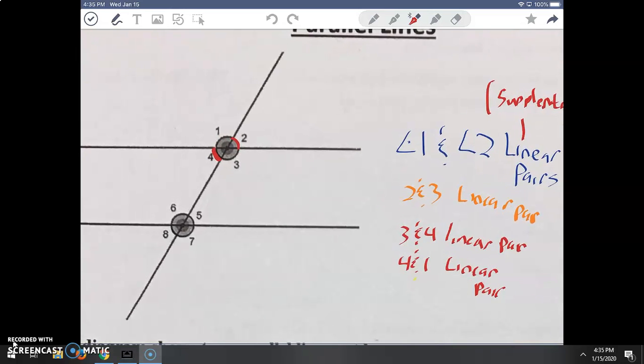If you also notice, angle 3 and angle 1 are also vertical angles, which is also congruent.